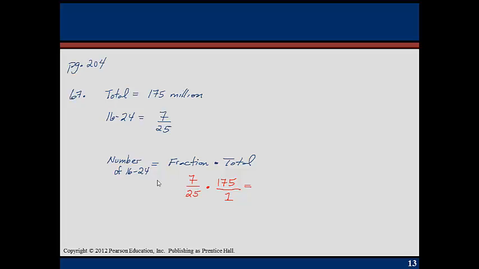So we can divide both by 25. This will cancel out, leaving us with 7. And this will cancel out, leaving us with a 1. So now 7 times 7 is 49 over 1 times 1, which is 1. So it comes out to be 49 million.